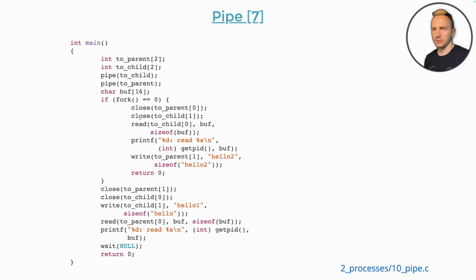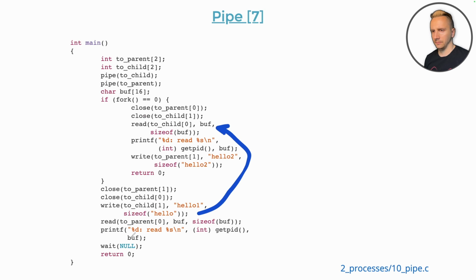Then I read data that parent will send to the child. I print it and then I write response to the parent. So the child receives data from the parent and sends response. And here is what parent is doing. It is also closing unused descriptors. Then it will write something to the child.